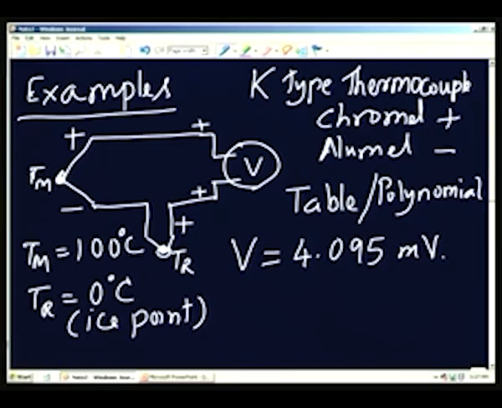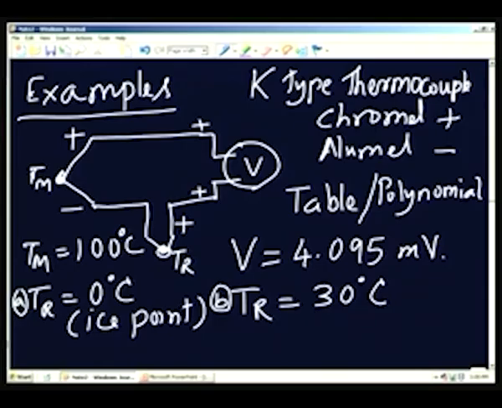So, it is a very simple example. I want to just make a small change here in this example. Instead of taking the reference at the ice point, suppose the reference is not at the ice point, but changed to 30 degrees Celsius. If I say this is case A corresponding to temperature equal to 0 degrees, this will be case B where I have taken the reference junction to be at 30 degrees.